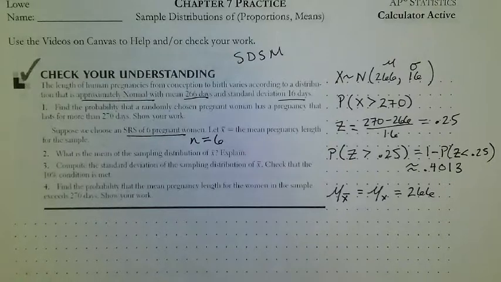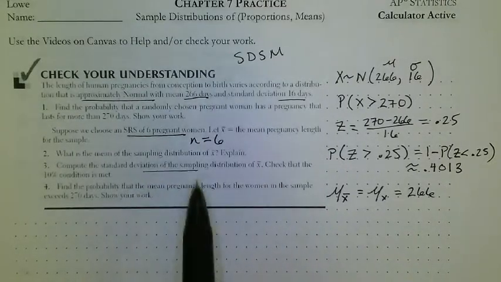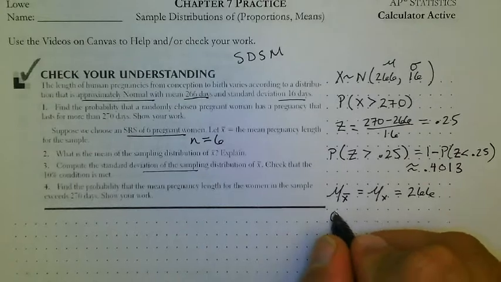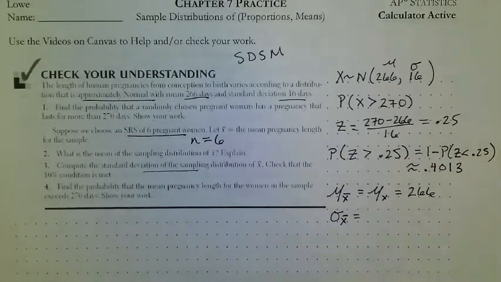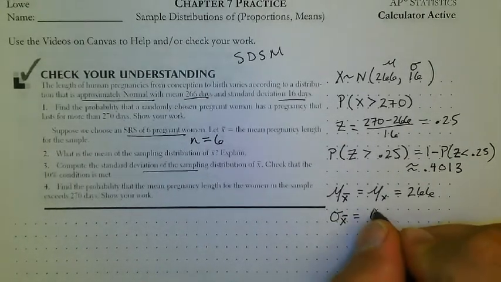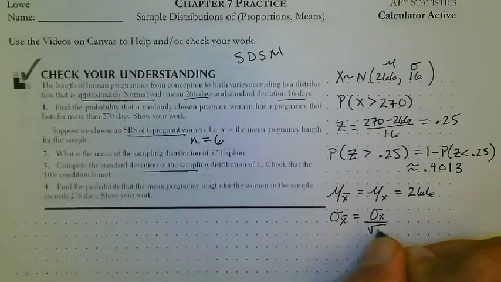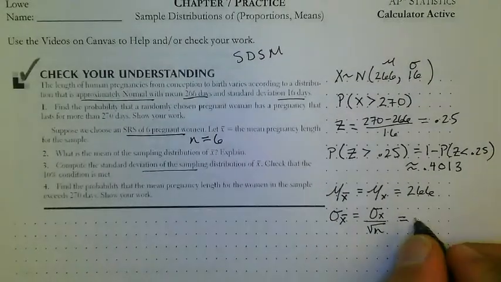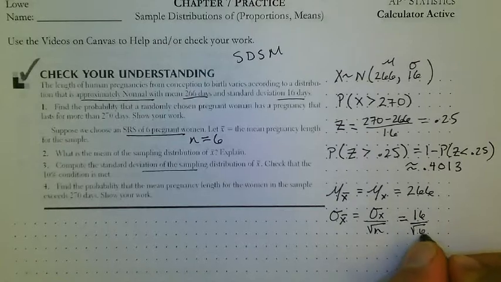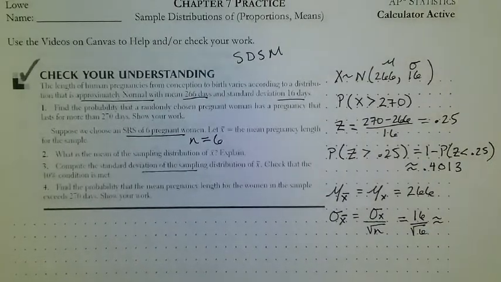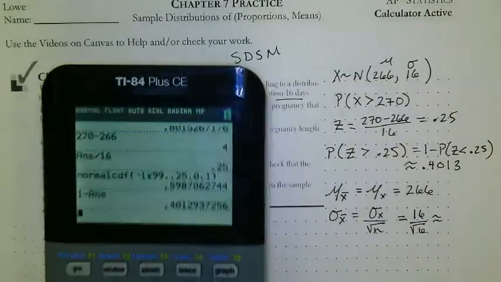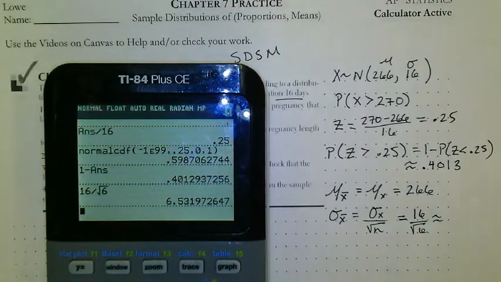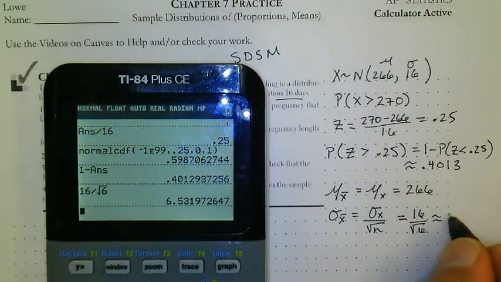What is the standard deviation of the sampling distribution of x bar? Sigma of x bar is going to be sigma of x divided by the square root of n. That's going to be 16 divided by root 6. Let's give that to 2 decimal places: 16 divided by the square root of 6 is about 6.53.